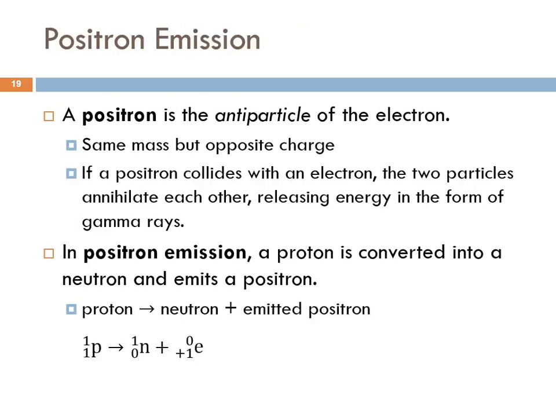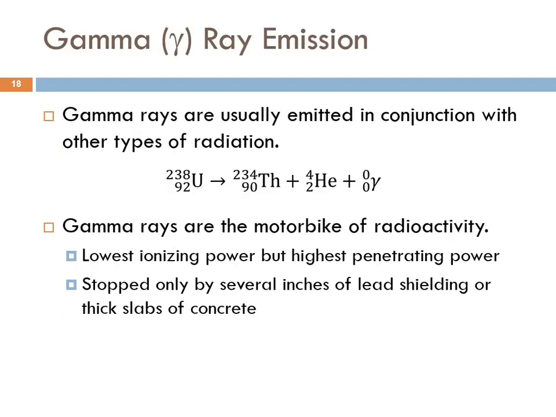And how can we tell just by looking at that that the gamma rays are emitted? That's a good question. How would you know? You wouldn't. That would be determined experimentally. They'd measure gamma rays being emitted. So if I was asking you to write an equation for the decay of uranium-238, I need to tell you it's alpha decay with gamma ray emission.